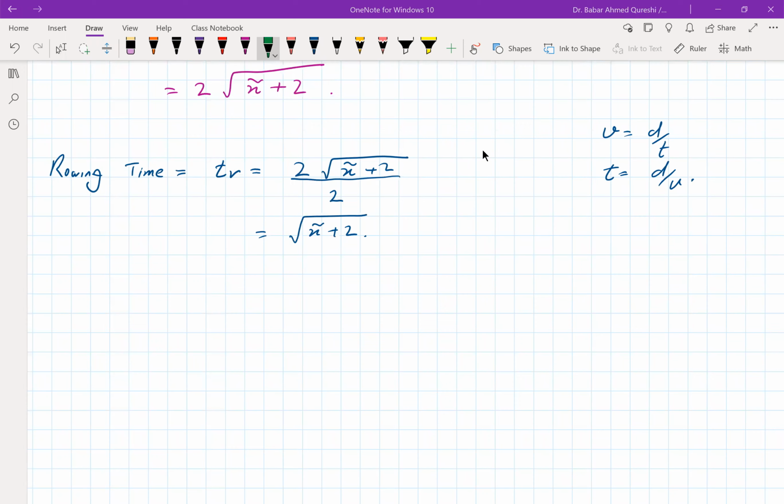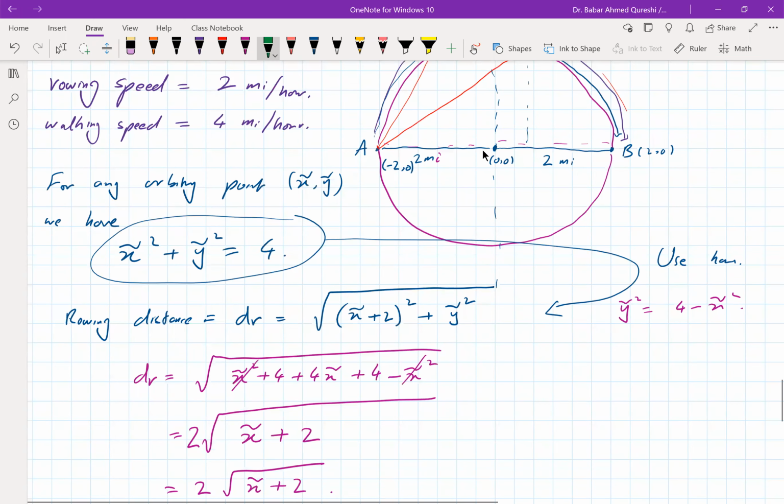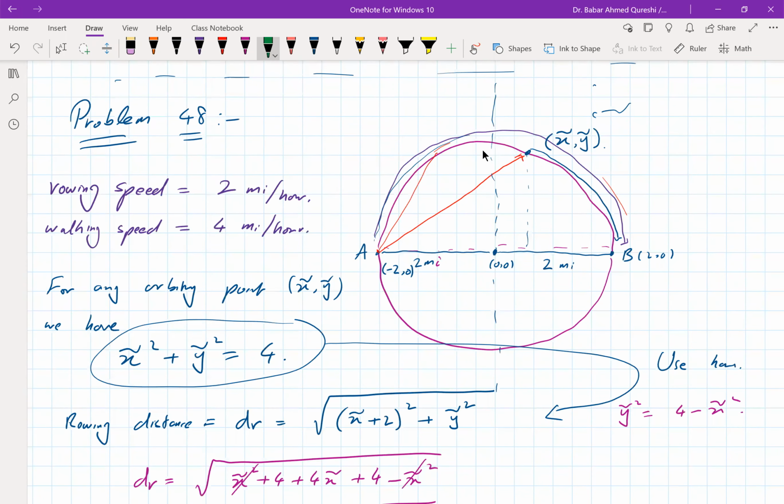Now, what about the walking distance? To find the walking distance, I can use the arc length formula.